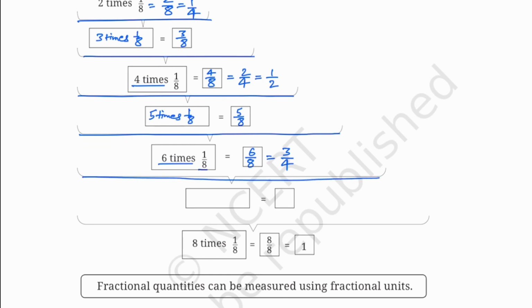Similarly, 7 times 1 upon 8 can be written as 7 upon 8. Similarly, 8 times 1 upon 8 can be written as 8 upon 8 equal to 1.